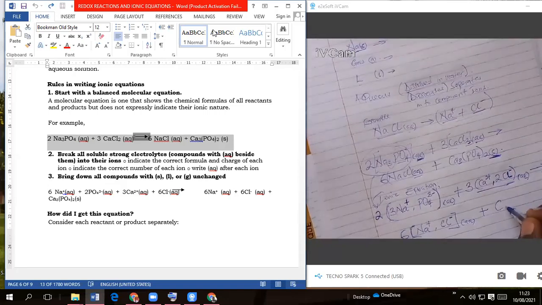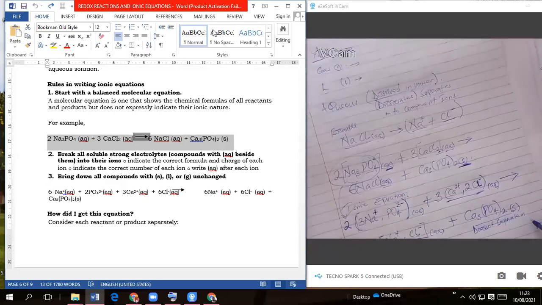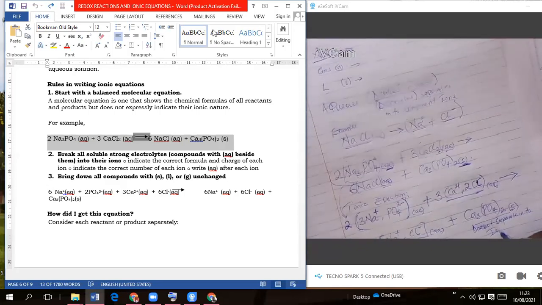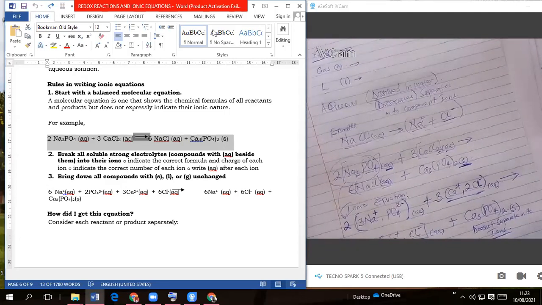It remains as calcium 3 PO4 in brackets 2. It remains as a solid.